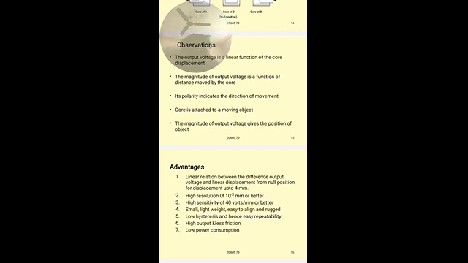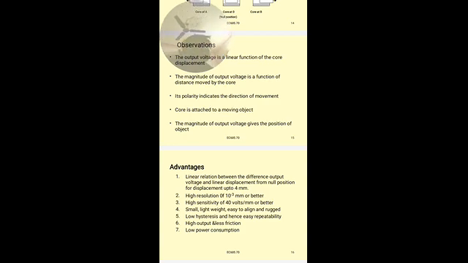Therefore, when the core is moving towards left, more flux links with the coil S1 than S2. Therefore, the magnitude of ES1 is more than ES2, but the output voltage V0 is ES2 minus ES1. So it is negative. So when the core is moving towards left, the output voltage is negative.